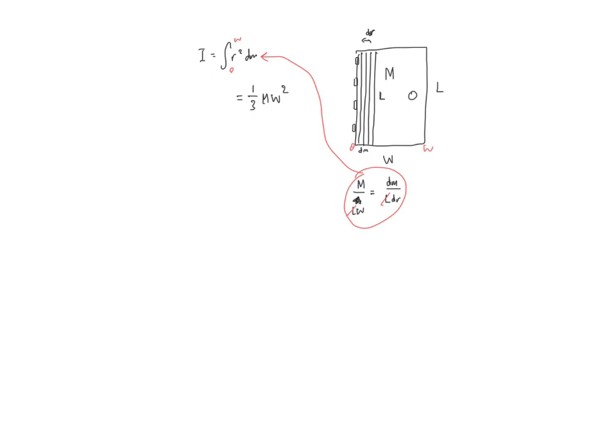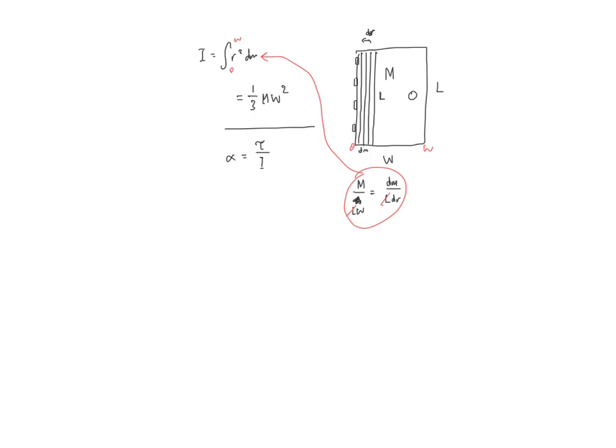So Newton's second law in rotational form, when you rearrange it for the angular acceleration, is the net torque, in this case just that one torque, divided by the inertia.